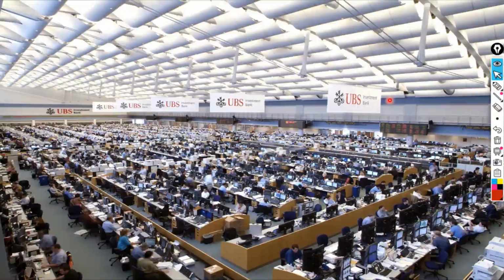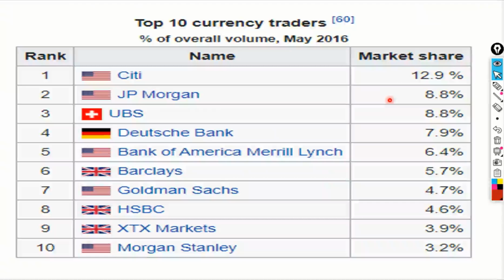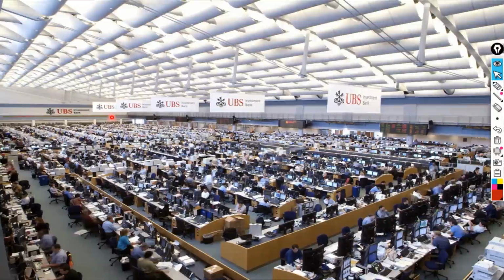So the market maker, this is the picture of how these guys look. As you saw from the last one, this is UBS, a bank from Switzerland. These are the traders who trade for UBS. As you can see, these are professional traders, highly trained.